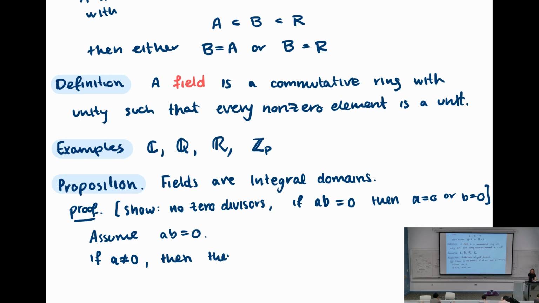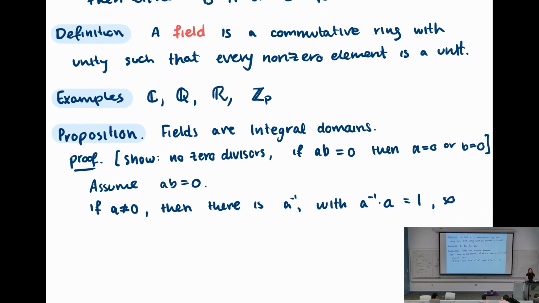So there is some element called A inverse, such that A inverse times A is equal to 1. Let's take our equation AB equals 0 and multiply both sides by A inverse. Then on the left, this gives me B, and on the right, I get 0.